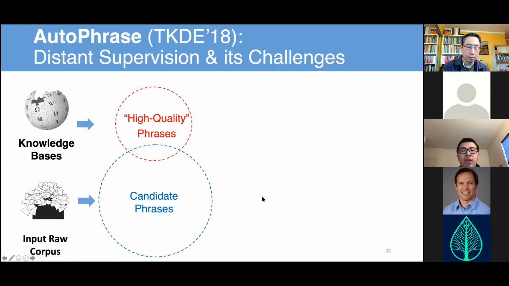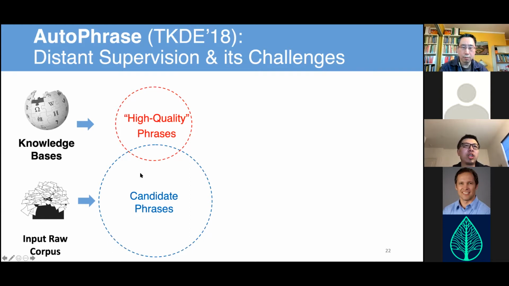They are freely available there. You may wonder, where are these high quality phrases? For example, if you look at the Wikipedia pages, most of the titles are high quality phrases. And if you dive into the details of the content, you can find the internal hyperlinks within Wikipedia. This can give you some free high quality phrases.